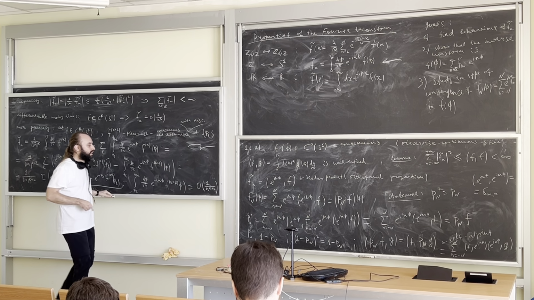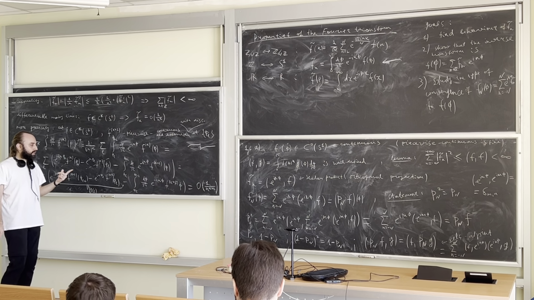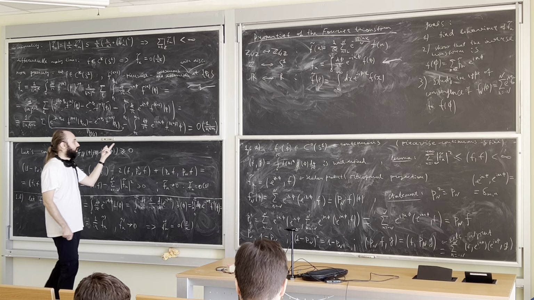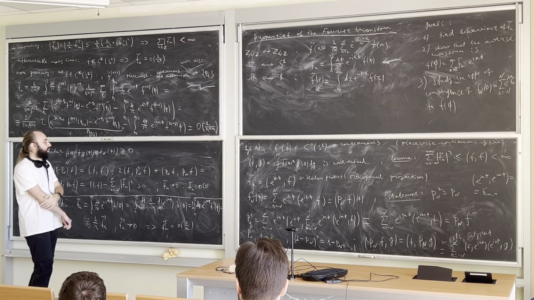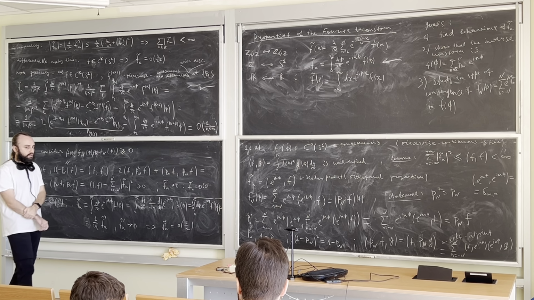So the point is that if a function has some discontinuities, then we have a control on its Fourier coefficients, and they behave slightly better than we could expect from the beginning.